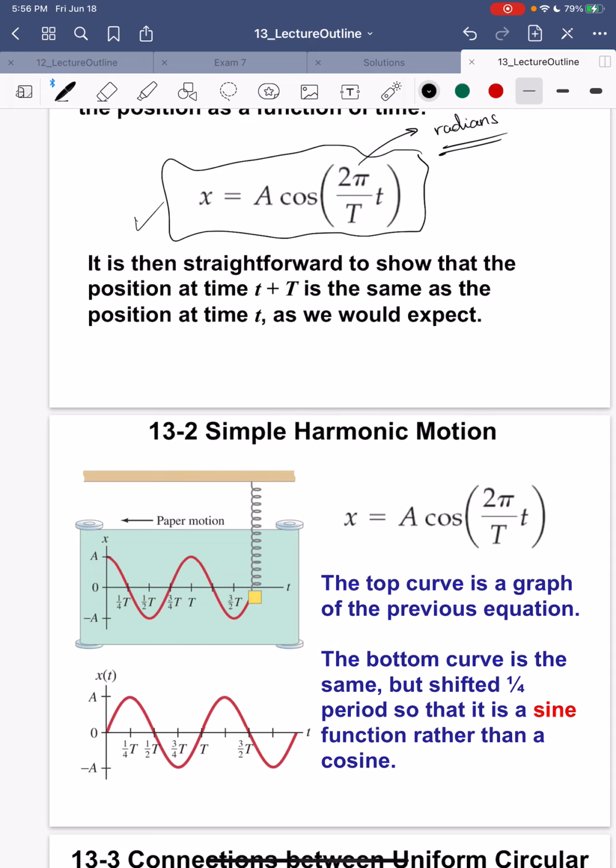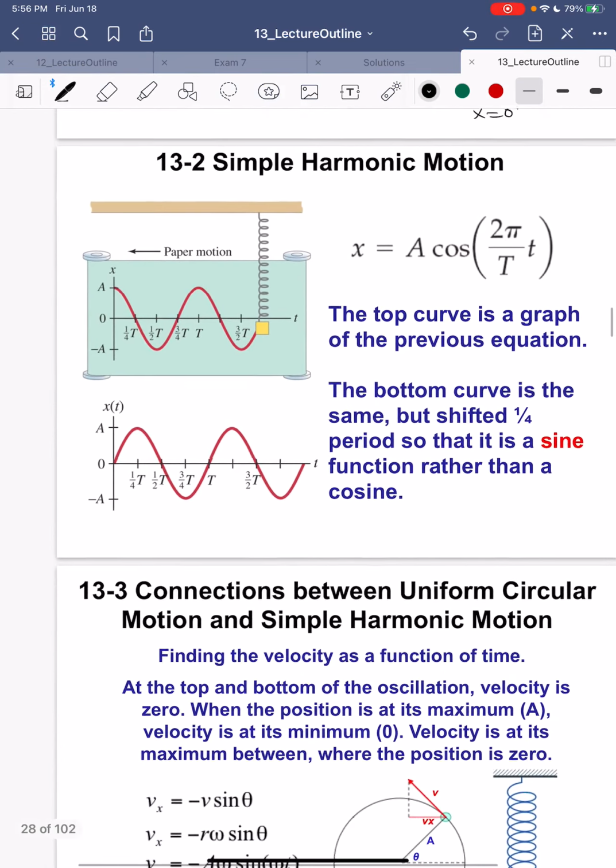It depends on the initial conditions, which means here I can say x equals A sine 2 pi t over T. If they give you the coordinate of the object and say at t equals 0, x was 0, then it is a sine. If the object at t equals 0 was at x equals A, then we are going to use the cosine.